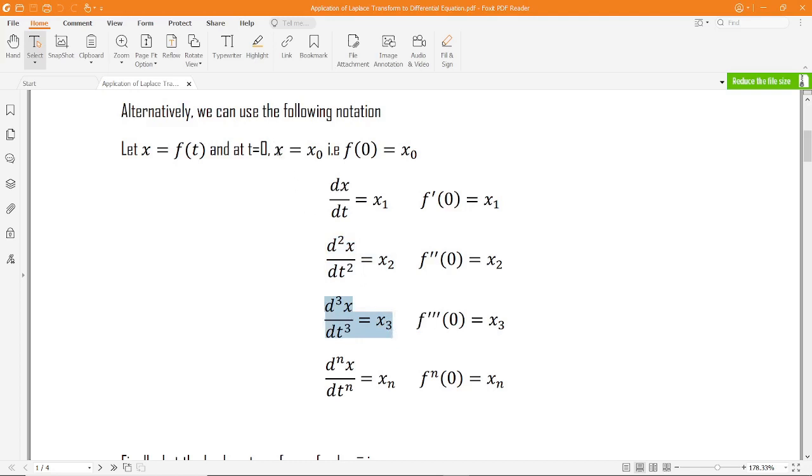So at time t equals 0, x is equal to x naught, x dot is x1, x double dot is x2, and so on.